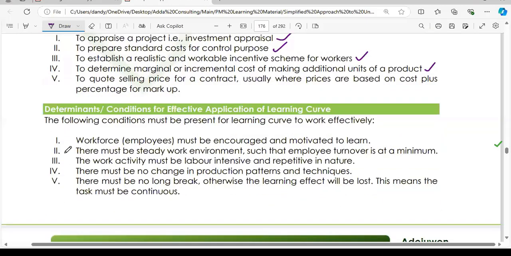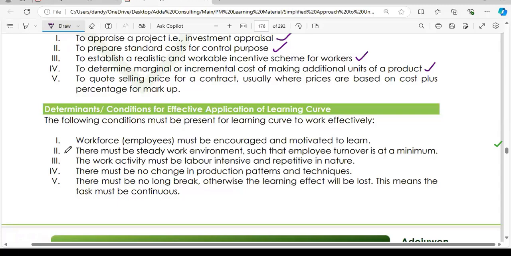Now, for the learning curve effect to work effectively and to be useful, the following conditions must be present. Number one, the employees must be encouraged and motivated to learn. When you are new in a job, certainly you have to learn new things.